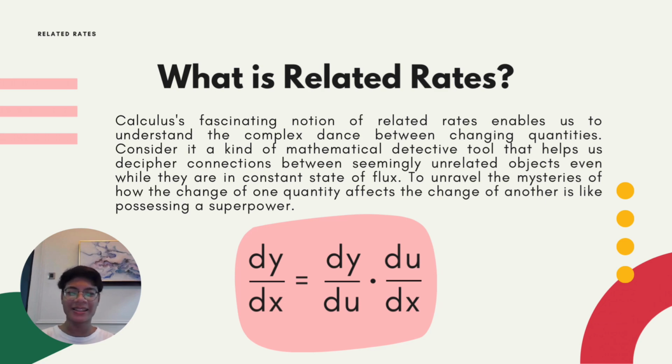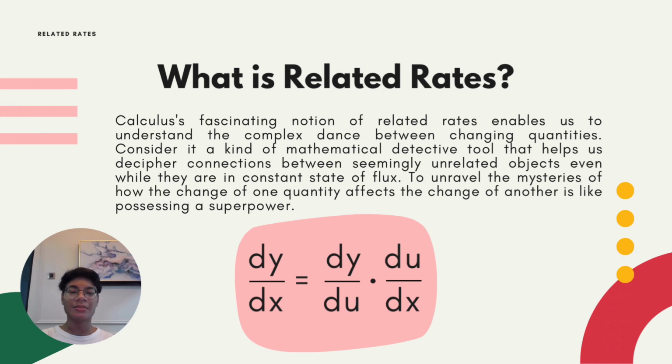Calculus's fascinating notion of related rates enables us to understand the complex dance between changing quantities. Consider it as a kind of mathematical detective tool that may help us decipher connections between seemingly unrelated objects, even while they are in a constant state of flux.